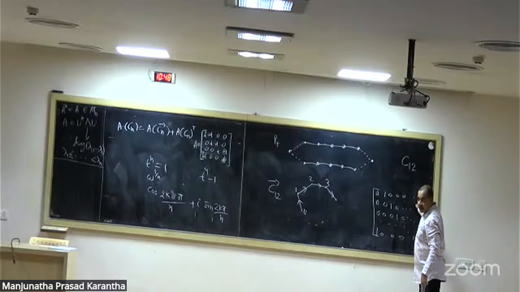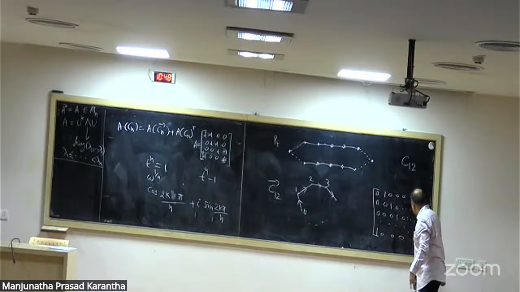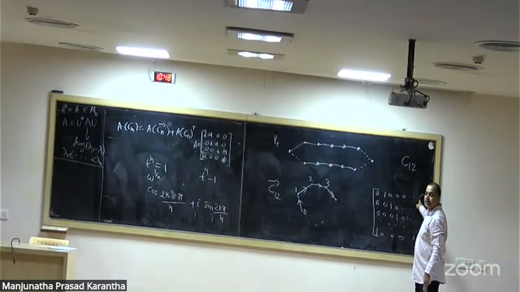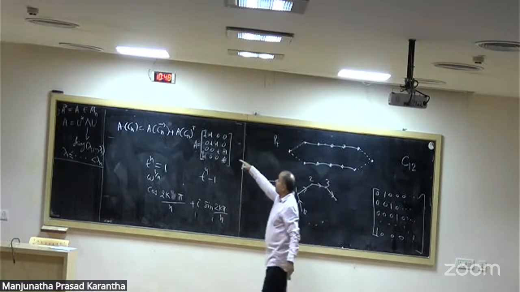The undirected adjacency matrix: this one, there will be one here. This one, there will be one here. And this one, there will be one. This one will be having one, and this one will be having one. Okay. So the undirected adjacency matrix is this one.